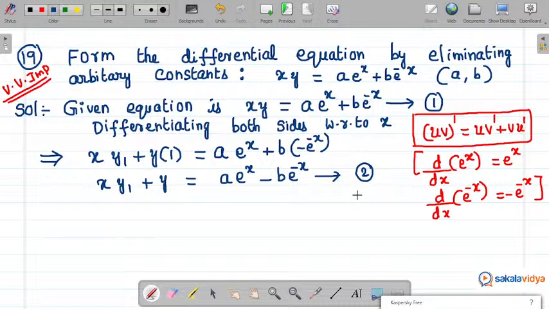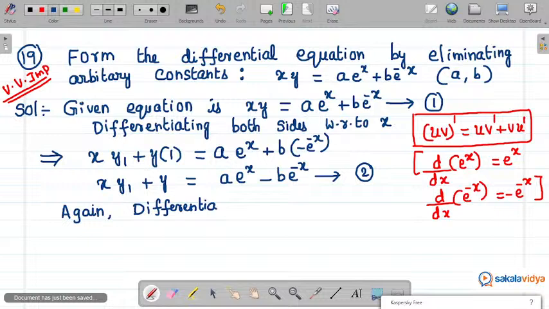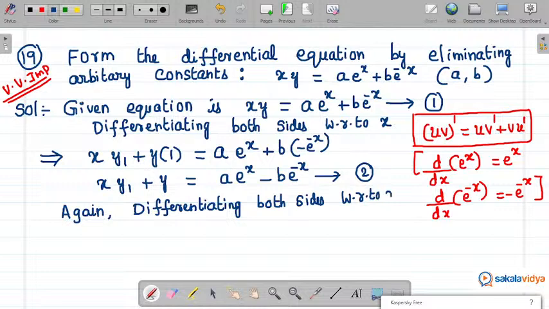Again we need to differentiate both sides with respect to x.